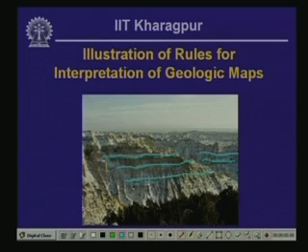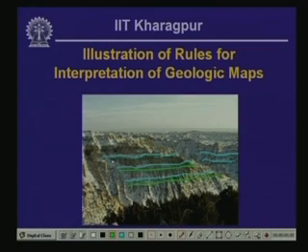You can see that the topographic contours of this particular canyon are also going to follow a very similar pattern.